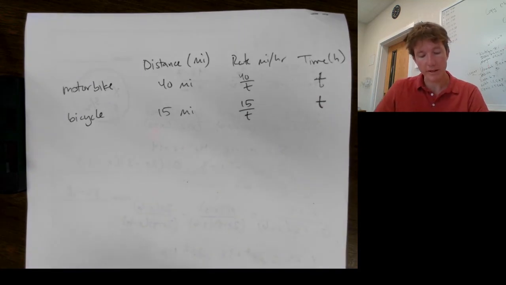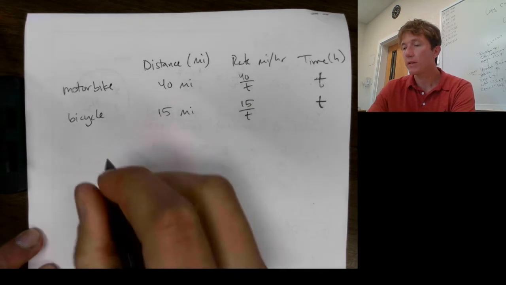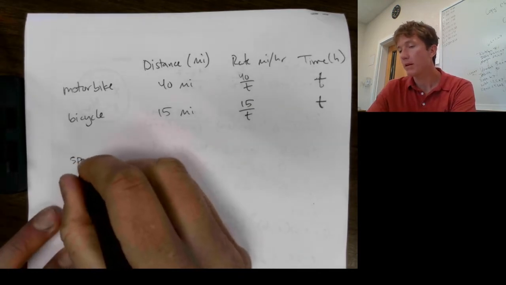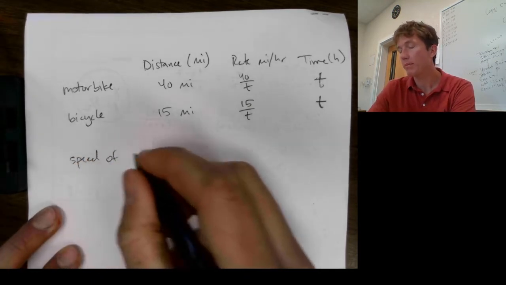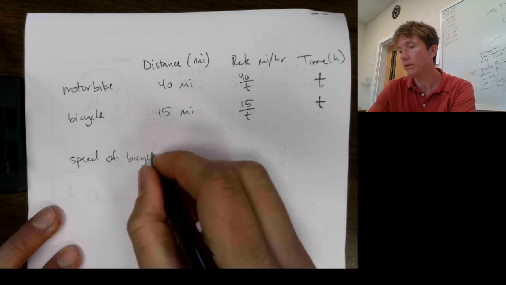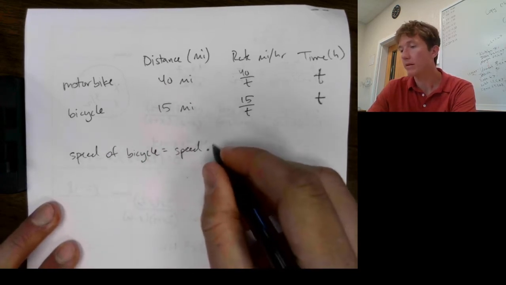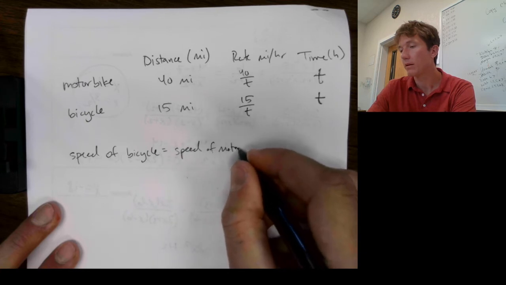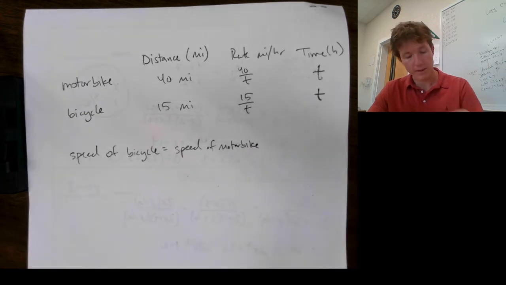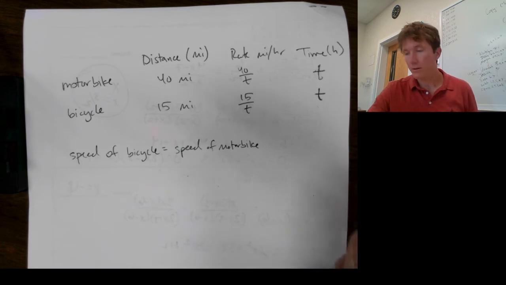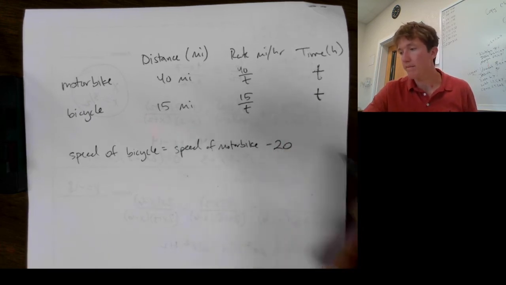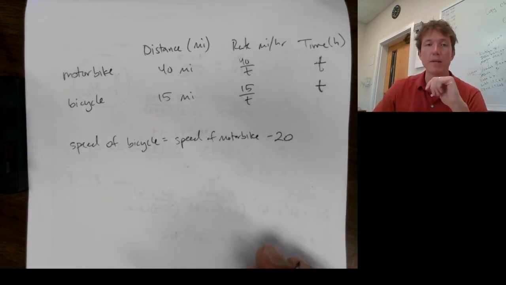And it wants us to find out the speed for each bike. So I'm going to make a relation here. The speed of the bicycle is going to be equal to the speed of the motorbike, and the problem says that the bicycle is 20 miles per hour slower, so it's minus 20.